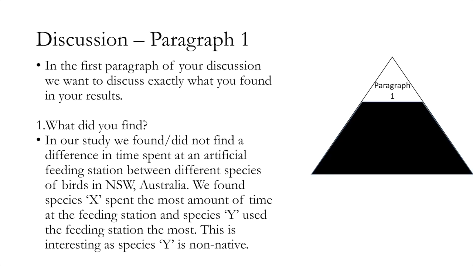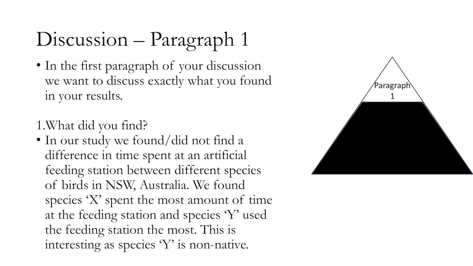You may start off the paragraph by saying something along the lines of, in our study we found, or did not find, a difference in time spent at an artificial feeding station between different species of birds in New South Wales, Australia. We found species X spent the most amount of time at the feeding station, and species Y used the feeding station the most.